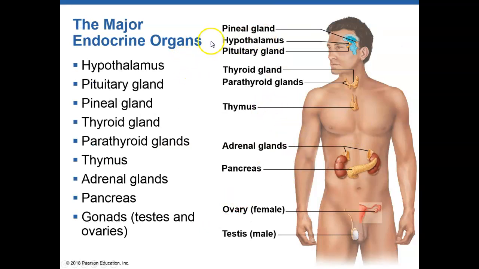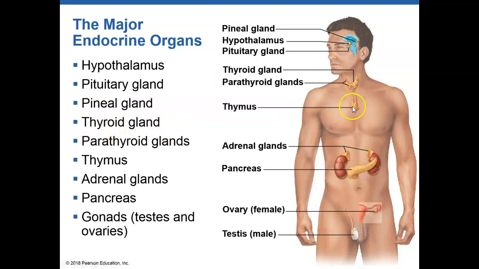So now, I already talked about these, but we have multiple endocrine organs. All of these are part of our work in the endocrine system. The hypothalamus, like I said, is the master of the entire endocrine system. The pituitary gland is the master endocrine gland. The pineal gland is a little tiny gland sitting in the epithalamus.